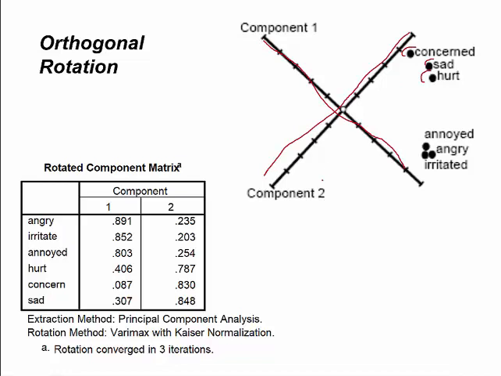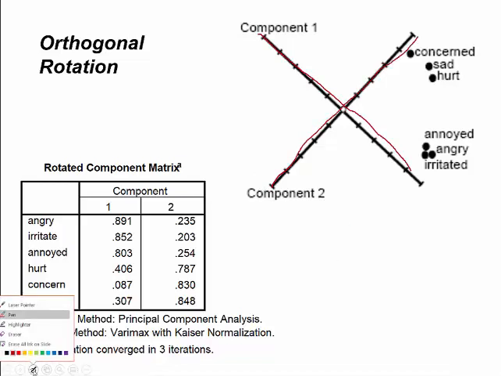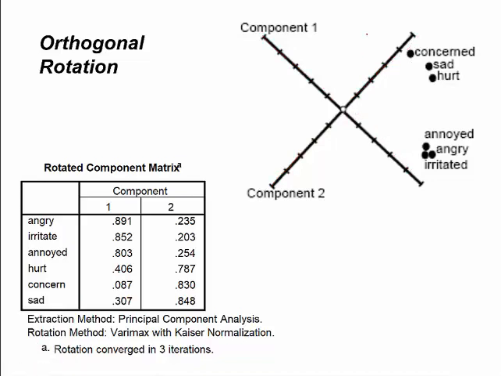So now component 1 is on an axis from the upper left to the lower right, and component 2 is on this axis from the lower left to the upper right. So let's look at where our items fall when we define our two-dimensional space not with a vertical and horizontal axis, but with these diagonal axes.